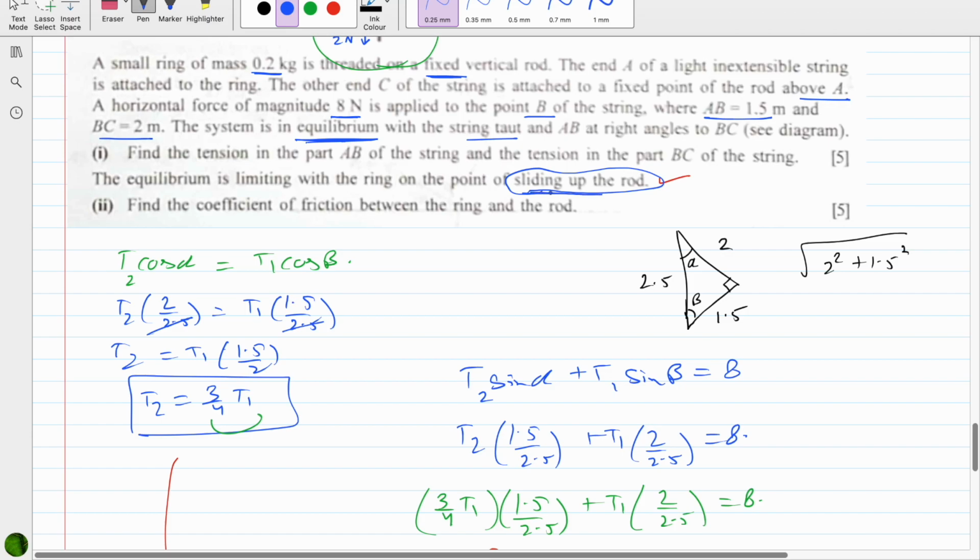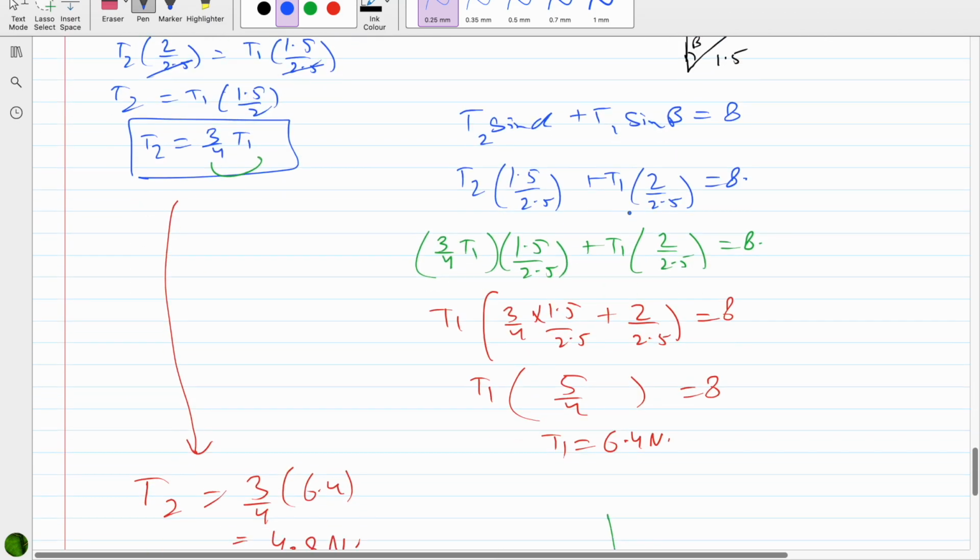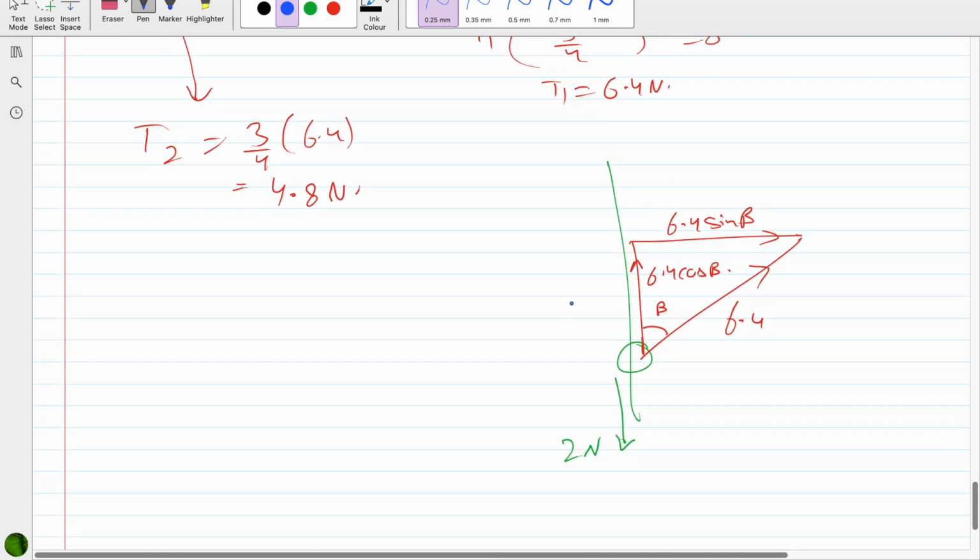The equilibrium is limiting with the ring at the point of sliding up the rod. It is downwards. If it is on the verge of sliding up, friction would be downwards. And not forgetting R.